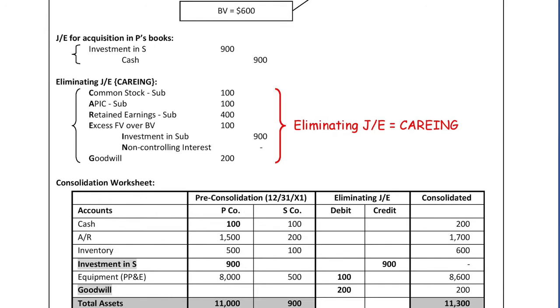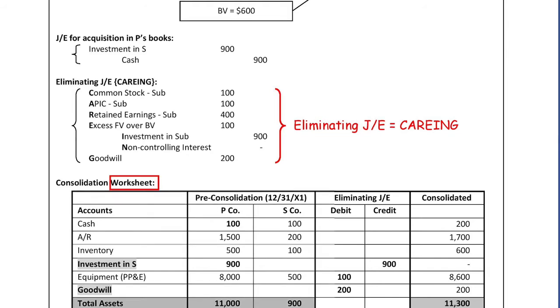And this is CARE-ING with an E, C-A-R-E-I-N-G. Once you're done with this eliminating journal entry, put the numbers on our chart to make sure they all look good. And after you're done with this, you're all set to prepare the consolidation worksheet.